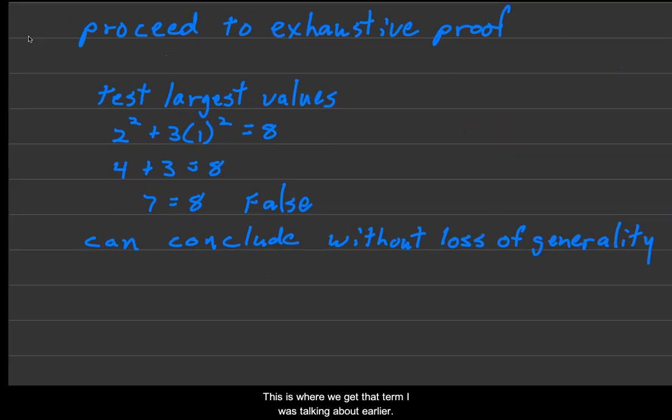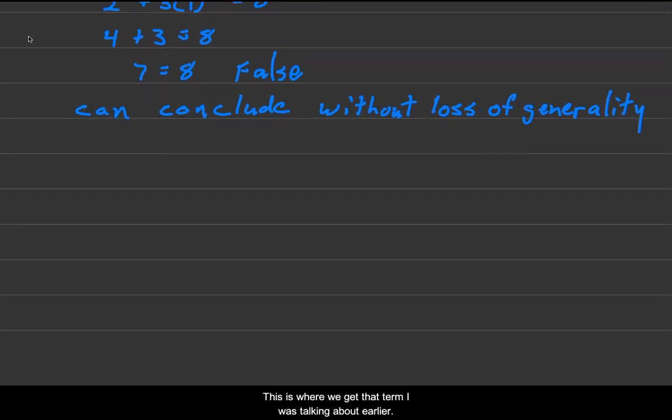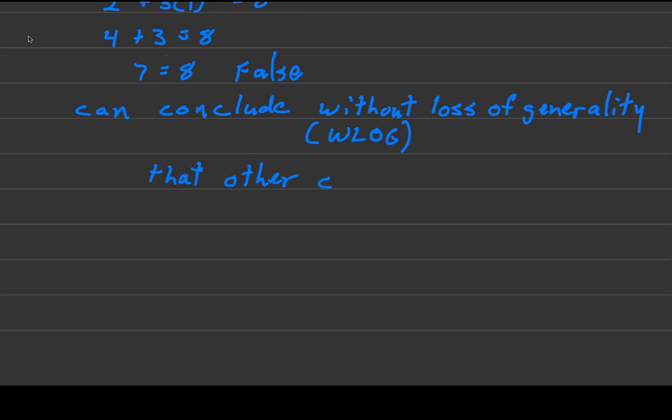This is where we get that term I was talking about earlier: WLOG, or W-log, without loss of generality, type of proof. So we conclude that without loss of generality, the other cases will fail.